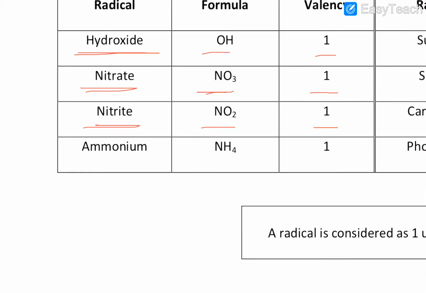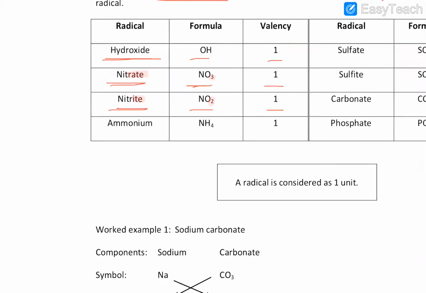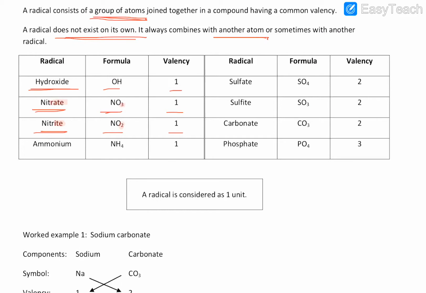One way I use to remember nitrate and nitrite is that nitrate ends with 'ate', so it has more oxygen. Nitrite ends with 'ite', so it has less oxygen. So this is one thing for you to remember. Again, sulfate has more oxygen, so SO4. Sulfite has less oxygen, so SO3. And you should remember the valency as well.